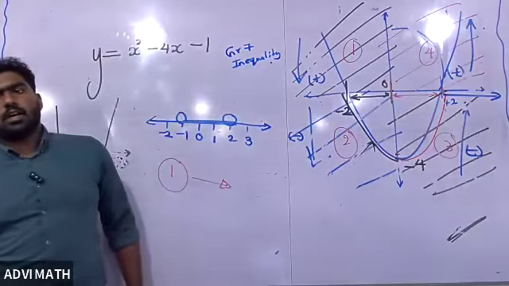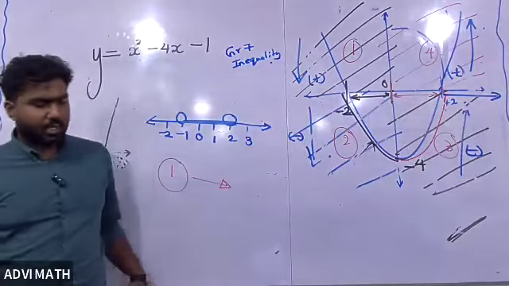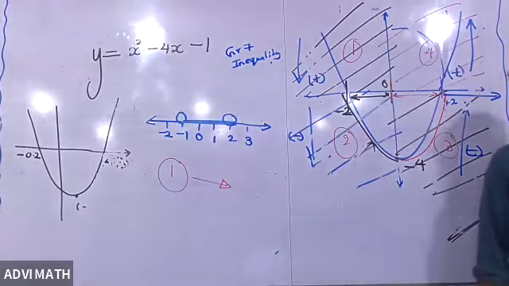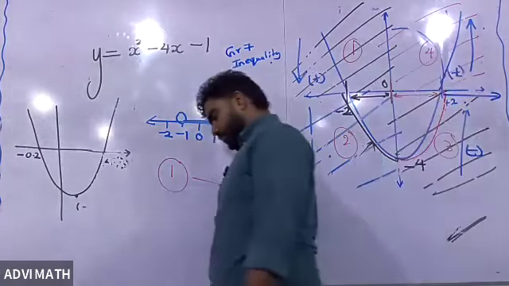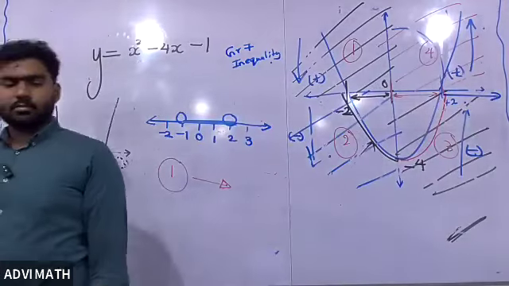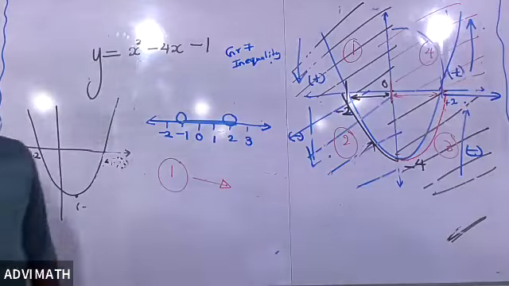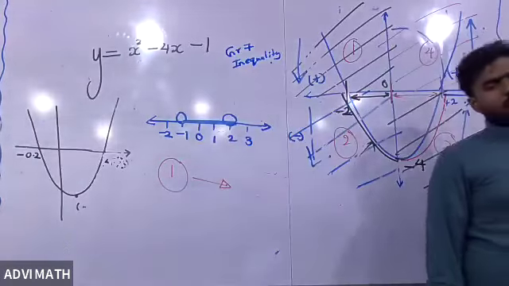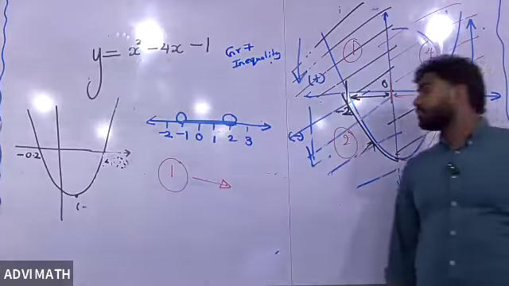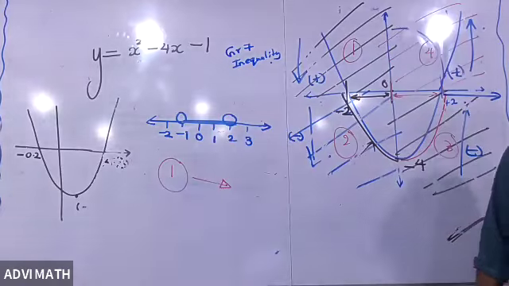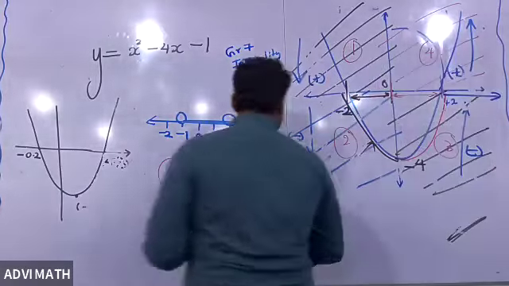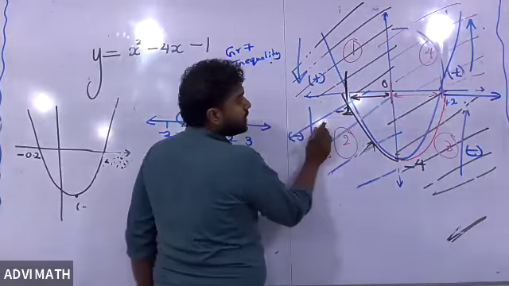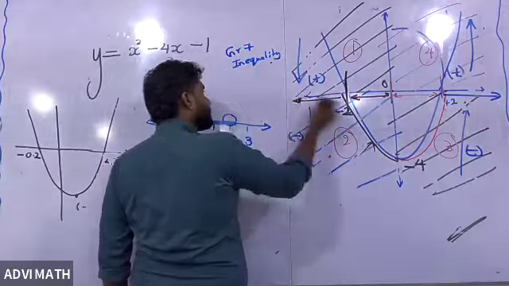This region of the graph, this region of the graph, this region of the graph, this region of the graph, this region of the graph is decreasing positively, decreasing positively. In your graph, with your pencil, put this mark and draw an arrow like this.